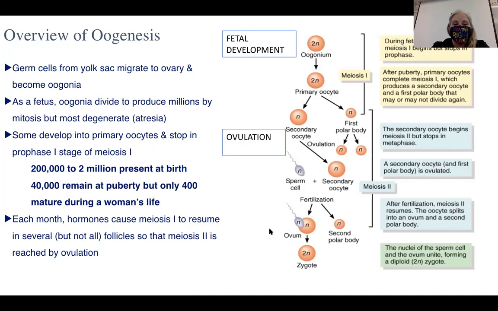And of those 40,000, several of those are going to start maturing as follicles, but only one, sometimes two, sometimes three, but usually only one is ovulated. Whichever follicle is the largest at time of ovulation, and then that oocyte is ovulated. The rest of those follicles that had started the maturation process are now reabsorbed, and they are no more.